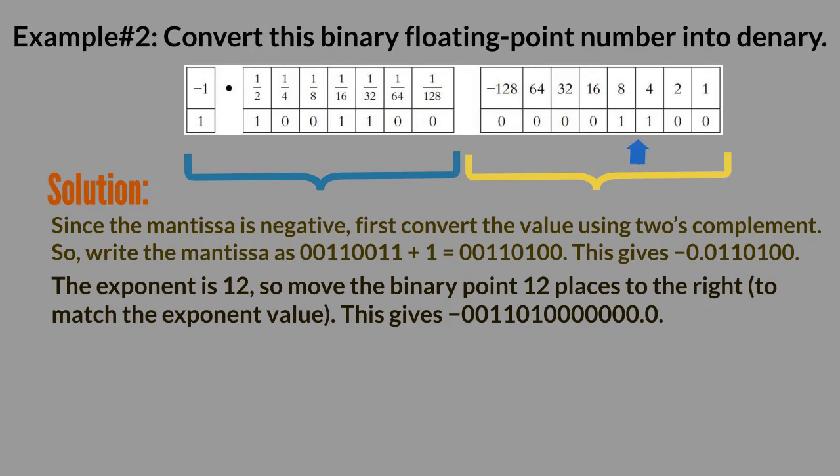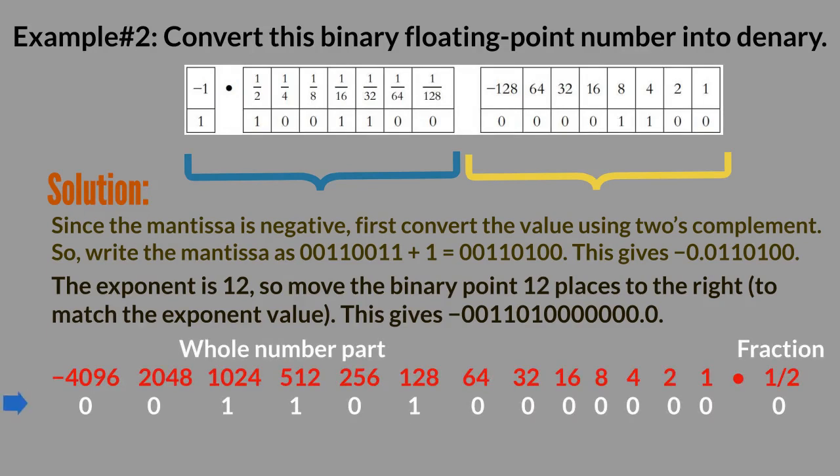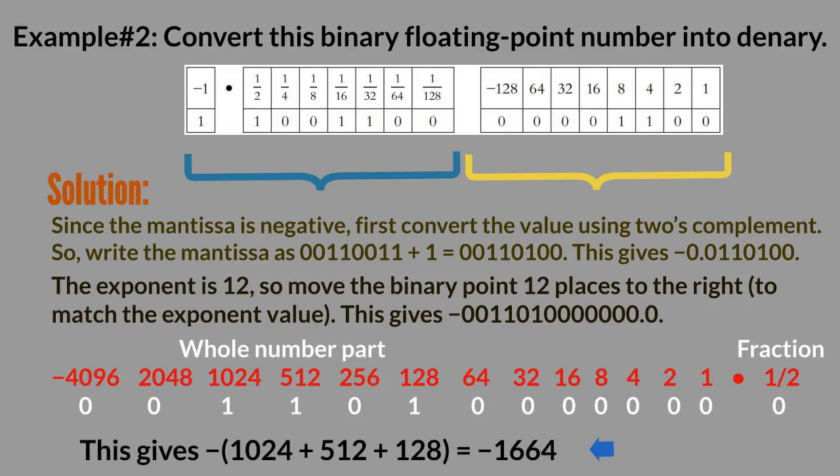So move the binary point 12 places to the right to match the exponent value. This gives minus 00110100000000.0. Now convert the whole part of the binary number and the fraction, if present, separately. This gives minus 1664 in decimal.